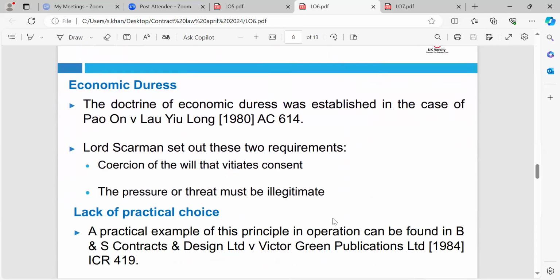Economic duress. So the doctrine of economic duress was established in the case of Pao On v Lau Yiu Long 1980. And Lord Scarman set out two requirements in this case, which were coercion of the will that vitiates consent, and the pressure of threat must be illegitimate.